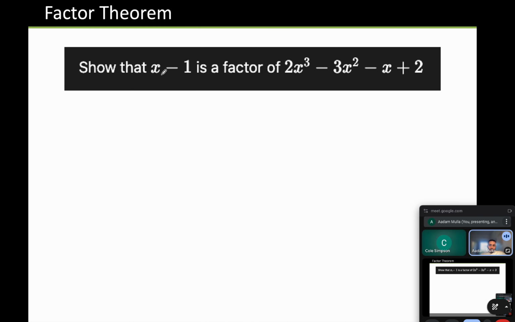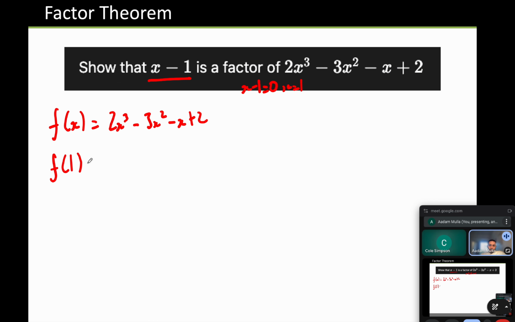So here it says x minus 1 is a factor. So if I call this f of x, so it's a function, 2x cubed minus 3x squared minus x plus 2. I know this is a factor, so if I substitute 1, because if x minus 1 is 0, x would equal 1. If I substitute 1 into that, we'll do it together.